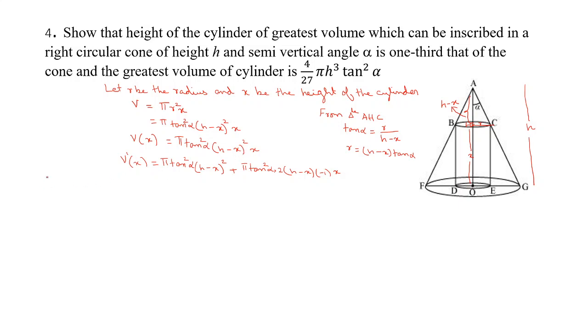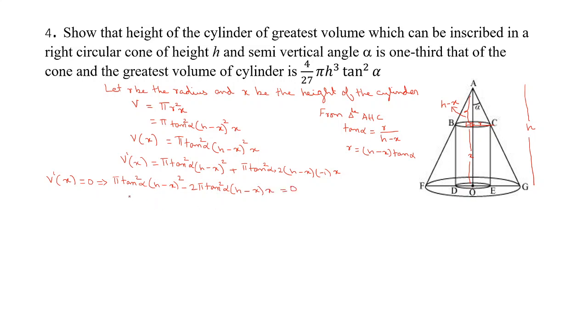Now we will find the critical point. V dash of x equal to 0 implies pi tan square alpha h minus x whole square, then minus, so this can be written as 2 into pi tan square alpha h minus x into x equal to 0.